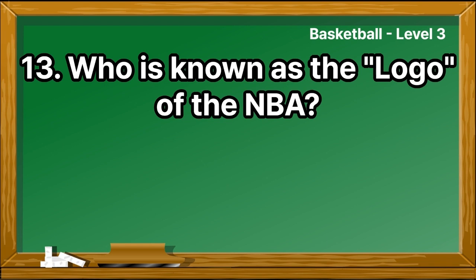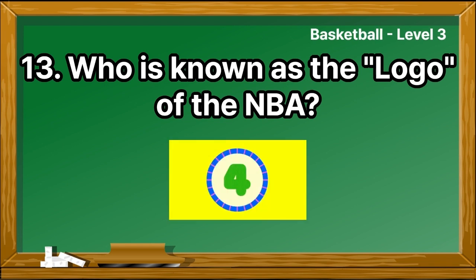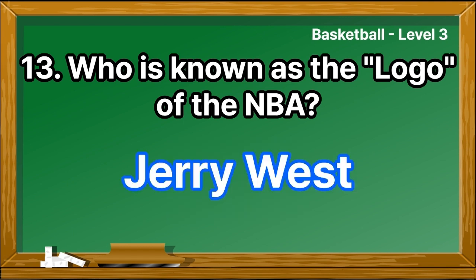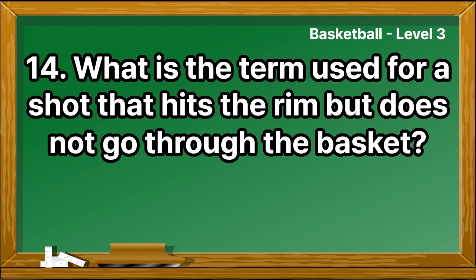Who is known as the logo of the NBA? Jerry West. What is the term used for a shot that hits the rim but does not go through the basket?